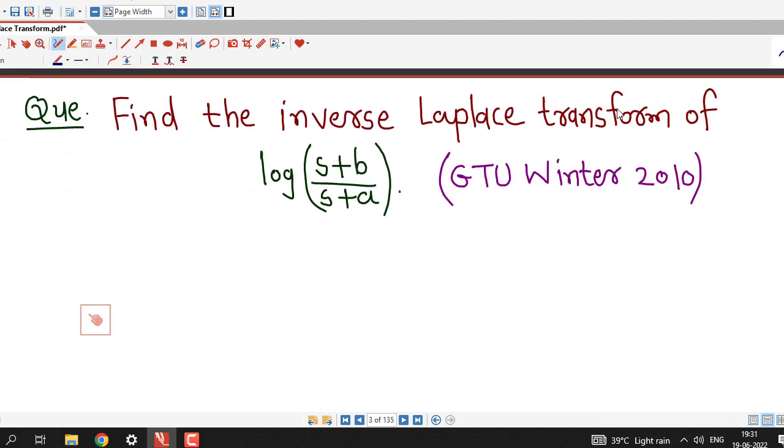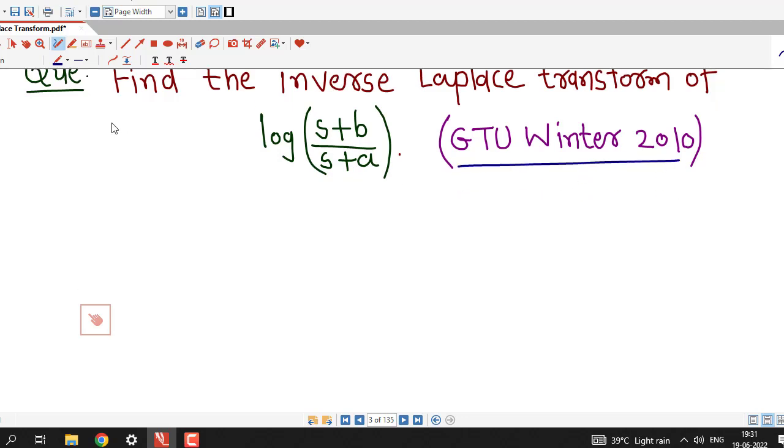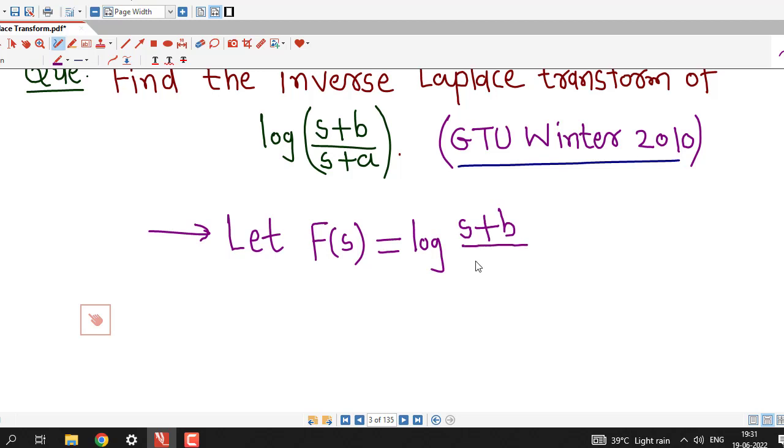Find the inverse Laplace transform of log of (s plus b) divided by (s plus a). Here a and b are constants. This question was asked in the GTU Winter 2010 exam. So here also we will apply the same method. We start with our function that we denote by capital F of s: log of (s plus b) divided by (s plus a).